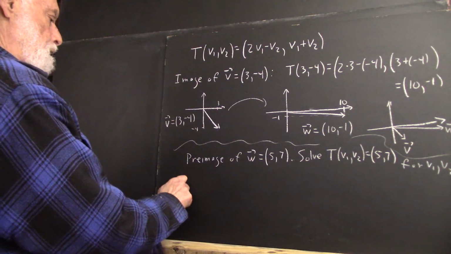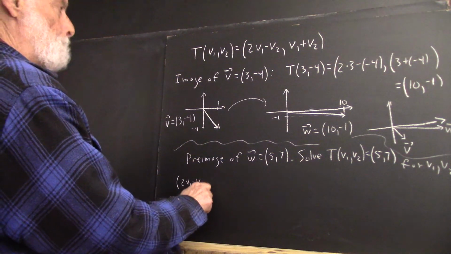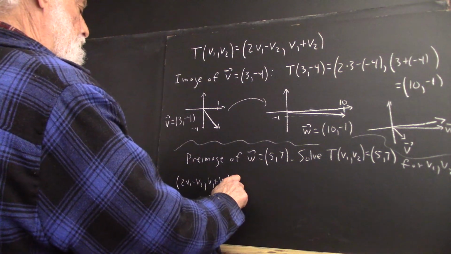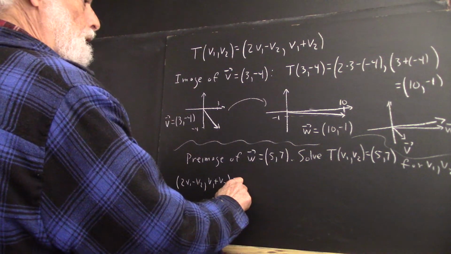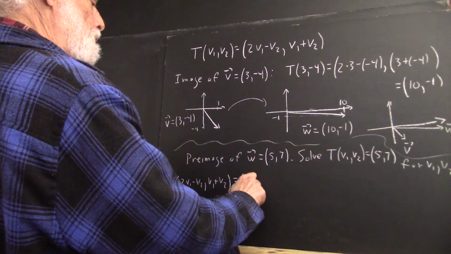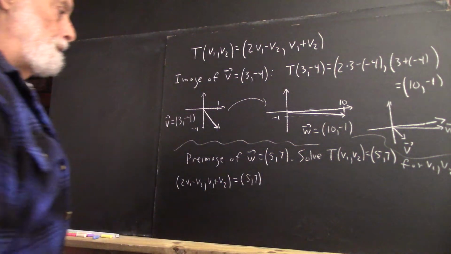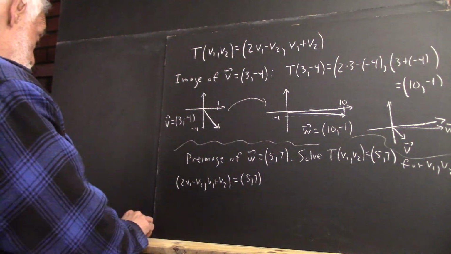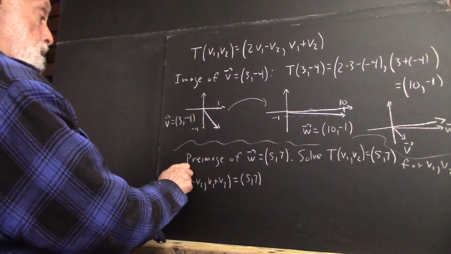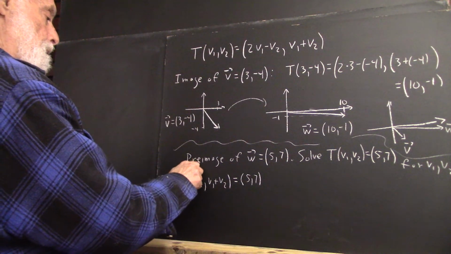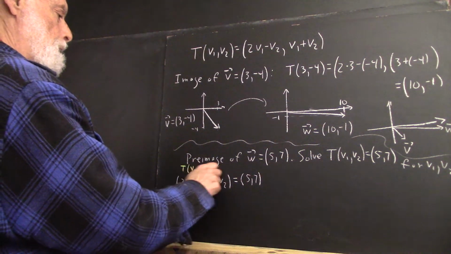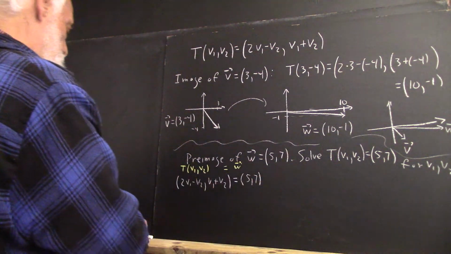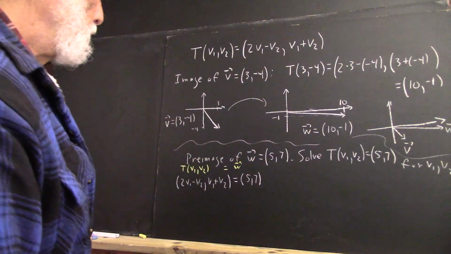So T of v1, v2 is 2v1 minus v2, v1 plus v2, and that has to equal 5, 7. In other words, this is the equation. I should have left myself a little more room, but the equation T of v1, v2 equals the w vector. So how do we solve this equation?